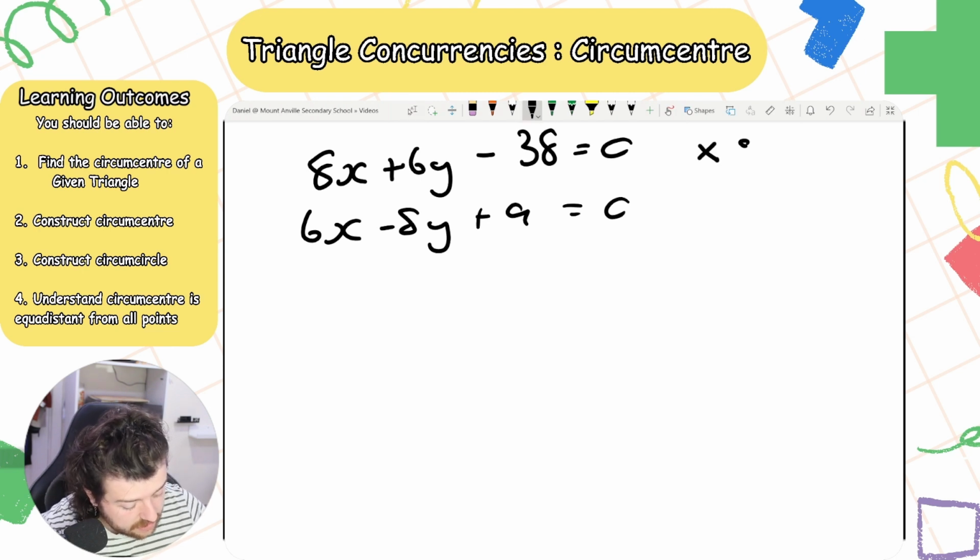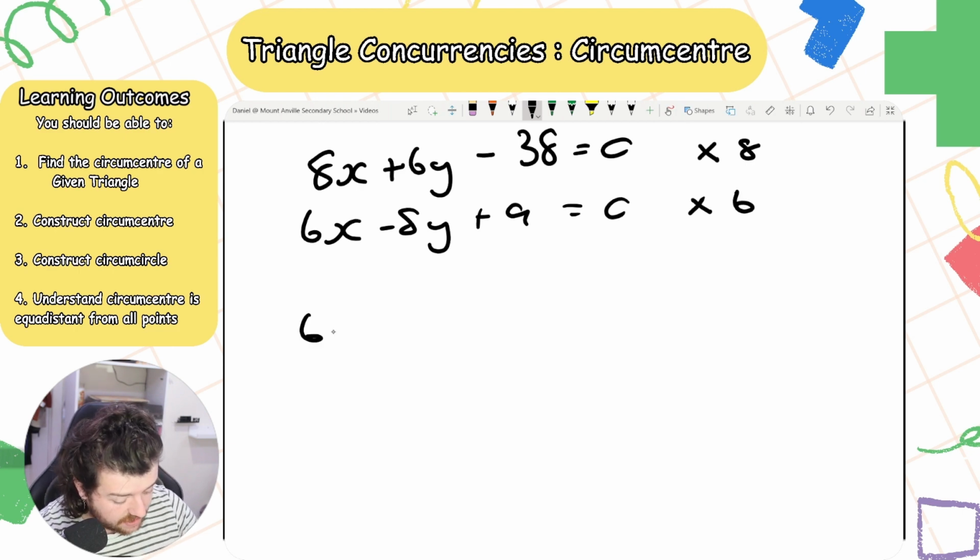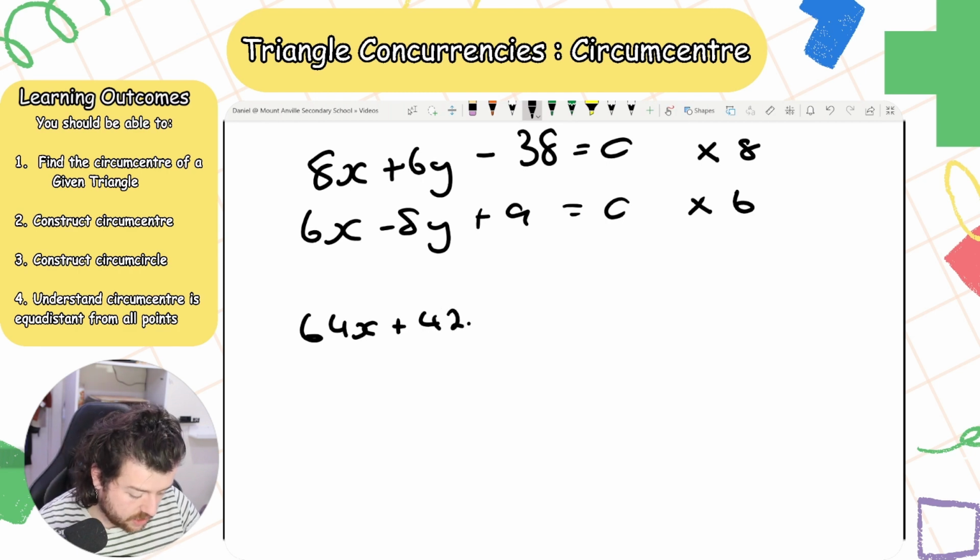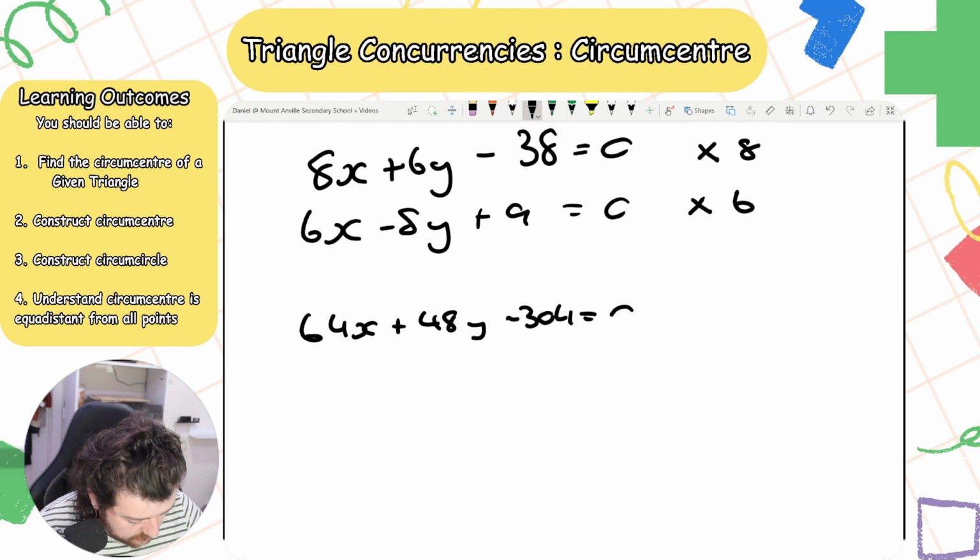I guess multiply the top line by 8 and the bottom line by 6. God, effort, right? 64x plus 48y minus 38 times 8, which is minus 304, equals 0.